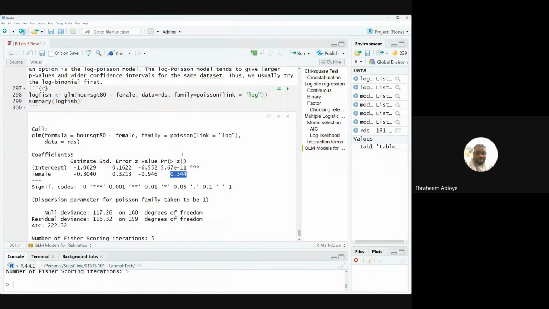And the reason why you might want to use the risk ratio instead of the odds ratio is because of interpretability. When we're thinking about the occurrence of disease, we're very often thinking about it in the context of the probability or the prevalence. Remember that the prevalence and the risk are the same.